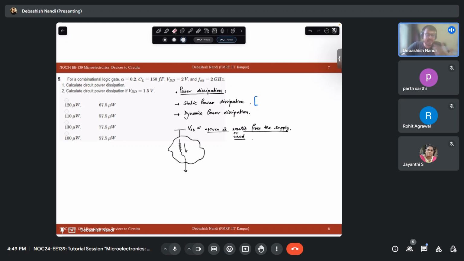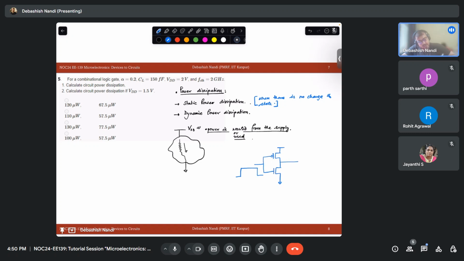So in case of static power dissipation, static means when there is no change of state. When there is no change of state, that means your circuit is sitting idle. Let's say this is your inverter, at input you have applied this pulse.